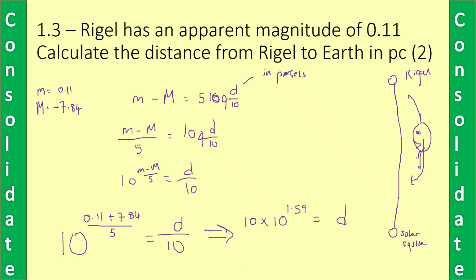If we do that, the distance we get on our calculator reading in parsecs is 389. So let's have a look at what values we're given. So we're going to leave that as 390, aren't we? So our final answer is 390 parsecs.